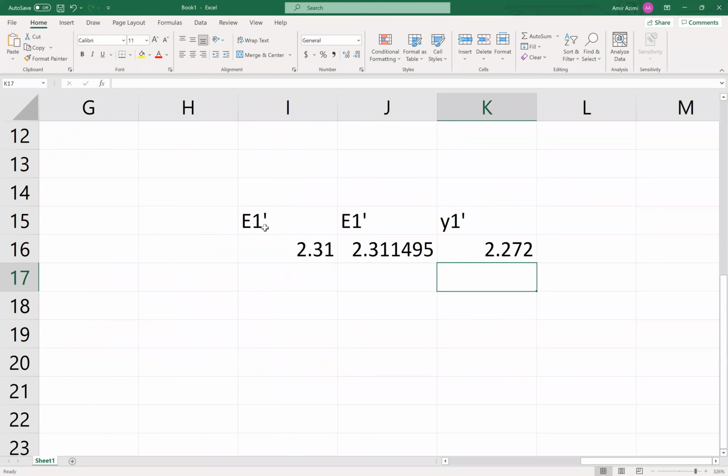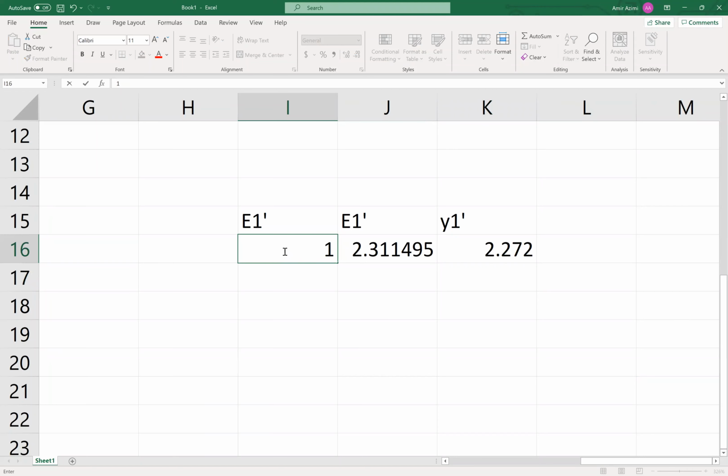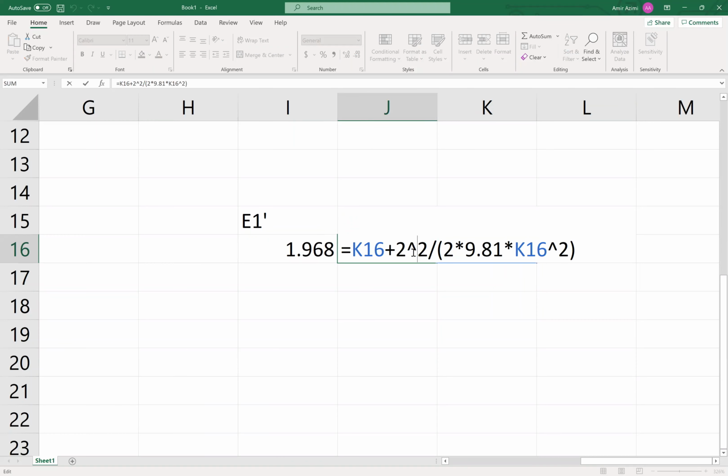Okay, so here I have E1 prime, which is 1.968, and then here I develop the equation.